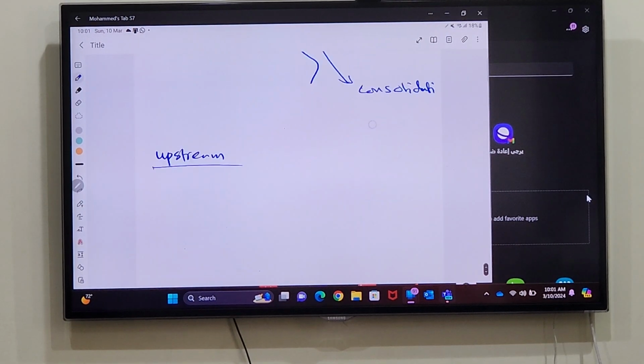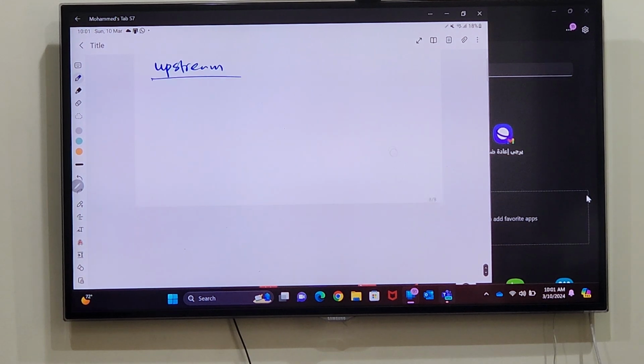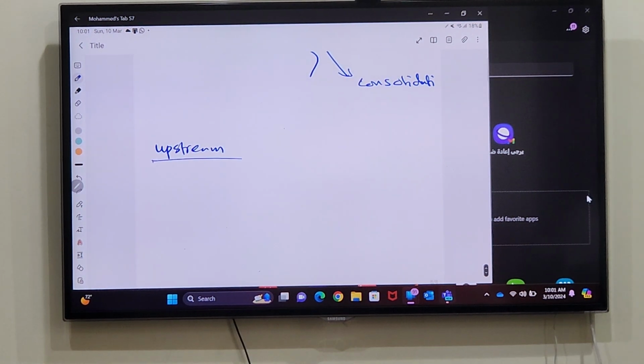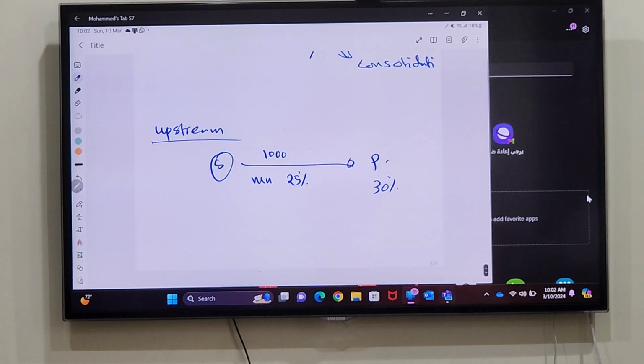So, now, upstream. Same example. Now the subsidiary is selling goods to the parent. 1,000. Markup 25%. 30% of the stocks are still in the parent's warehouse. Now, what's going to happen?